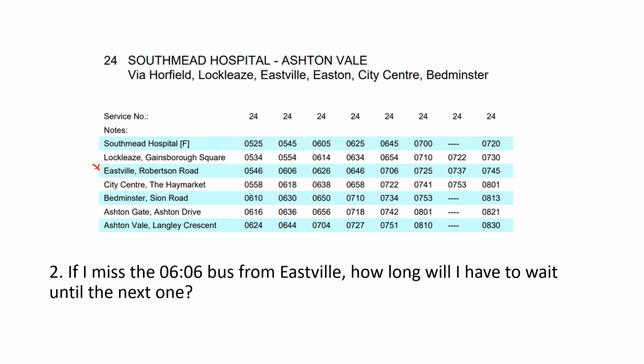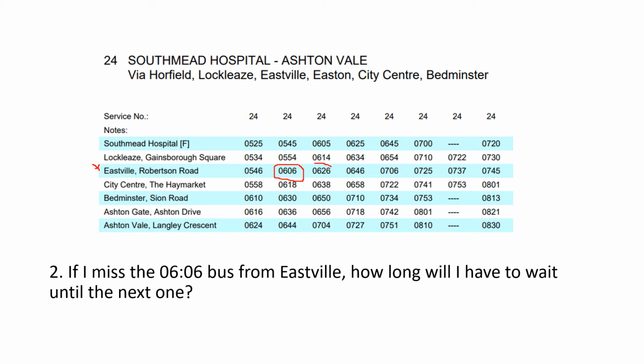And I'm looking across for the 6:06. That is the 6:06, but I have missed that bus. So now I'm looking for the next bus from Eastville because I'm still at that bus stop. I need to know how long I have to wait at the bus stop until the next bus from there.